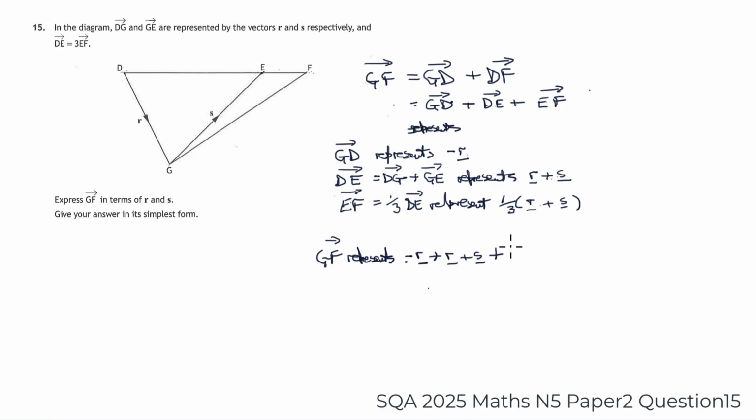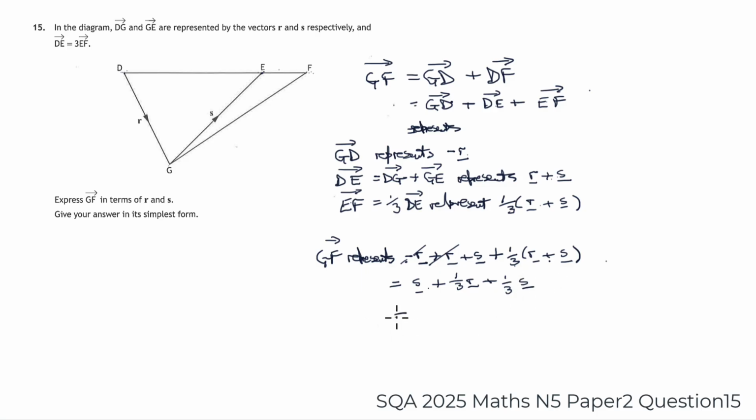EF represents 1/3 of R plus S. And now we've got algebra to do, because these behave just as you would simplify them in algebra. So negative R plus R, that vanishes. They cancel each other out. We're left with S plus, let's multiply out these brackets, 1/3 R plus 1/3 S.